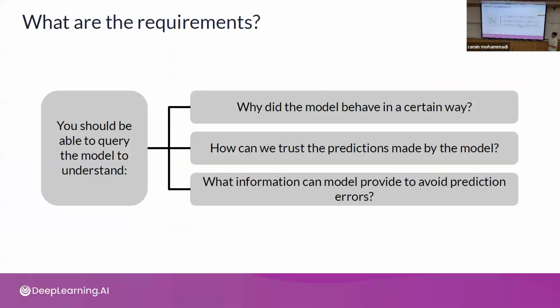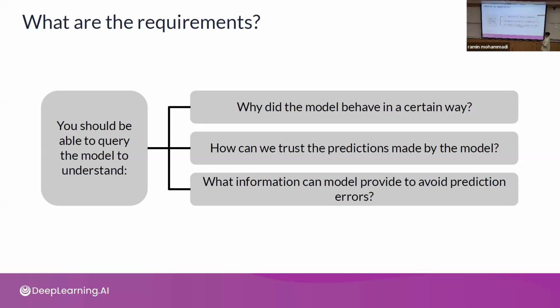So the first thing, and this is the same thing that I talked about with that person: if I ask you why this model said yes, you need to be able to trace it back, especially for certain models, especially if it's not a deep neural network.